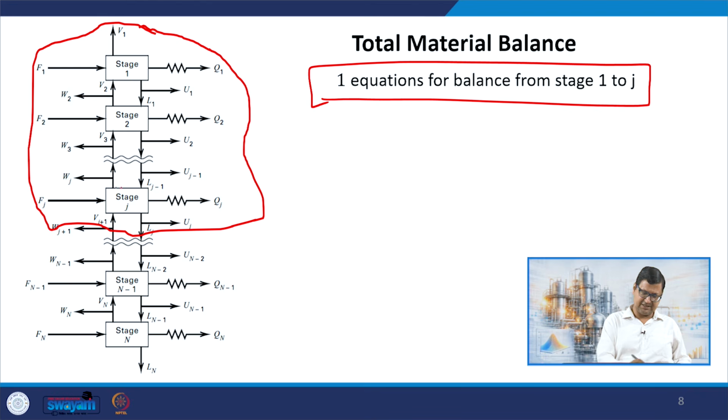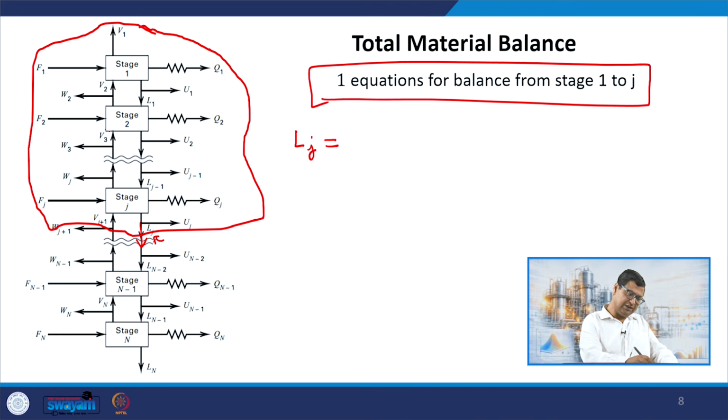So, again we can see, so we have an Lj that is coming out from here. So, Lj is coming out from the liquid phase here, and what is that? Lj should be equal to what is coming in the stage. So, what all are coming in?